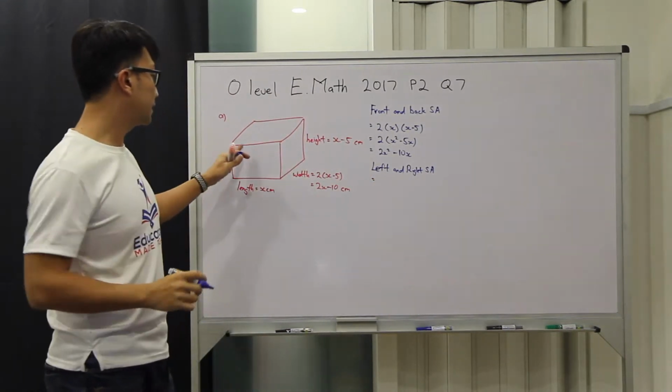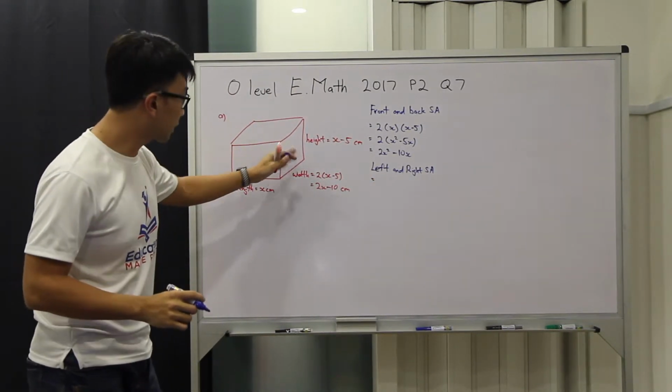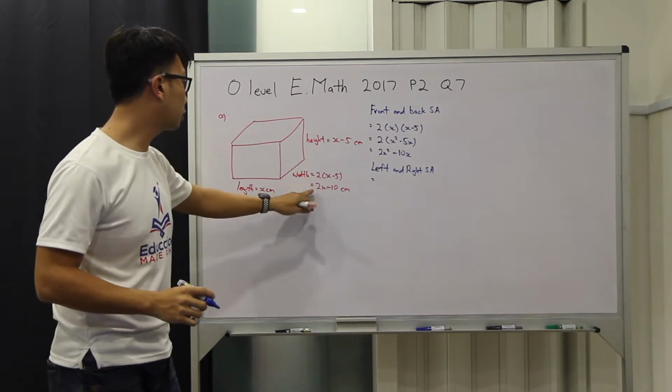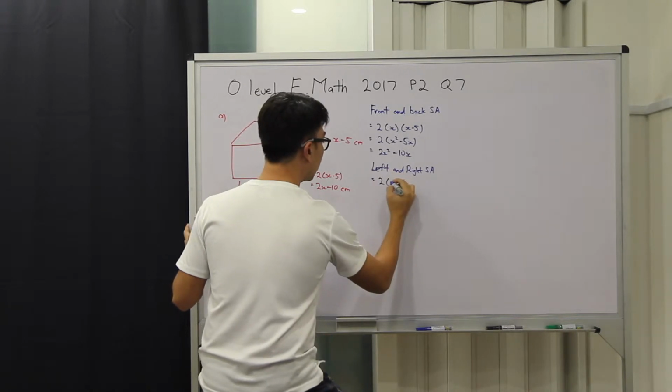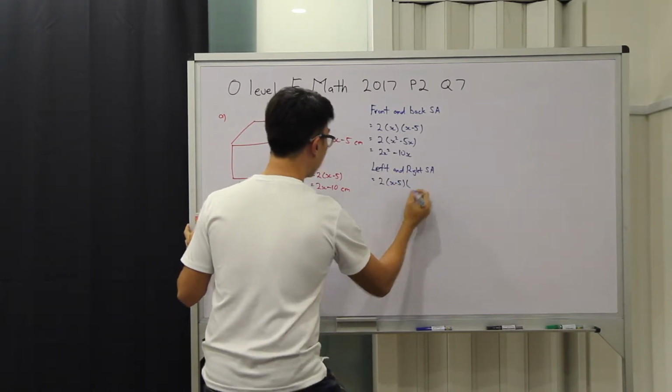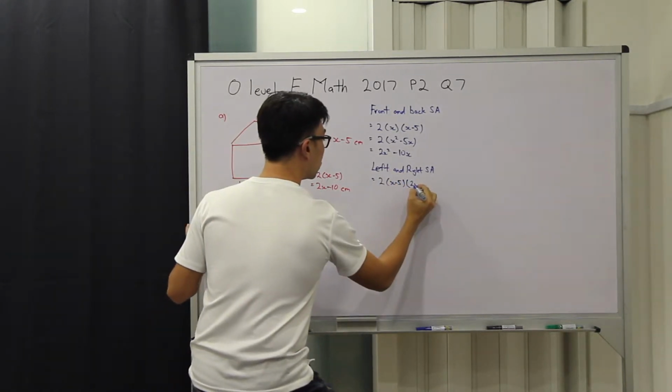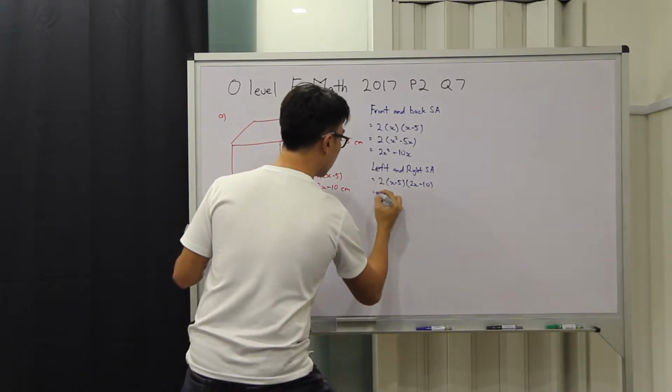Now let us consider our left and right surface area. That will be the same 2 pieces of rectangles. We can take our height multiplied by the width. So that will be 2 multiplied by x minus 5 and 2x minus 10.